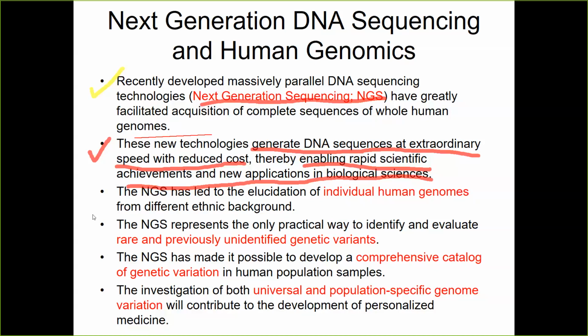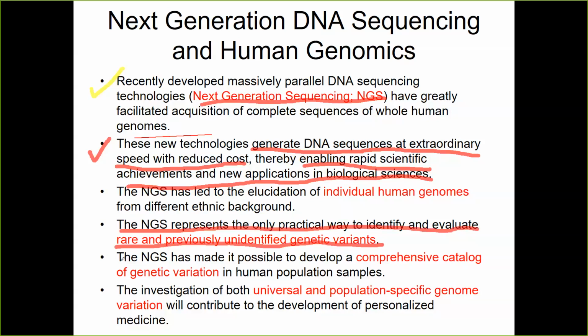The NGS represents currently the only way to identify and evaluate rare and previously unidentified genetic variants very quickly.